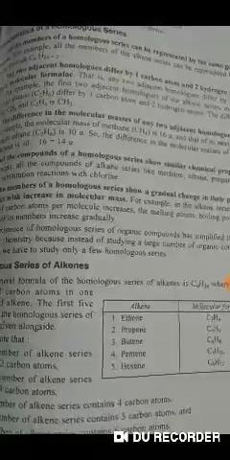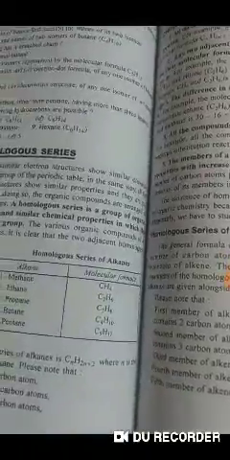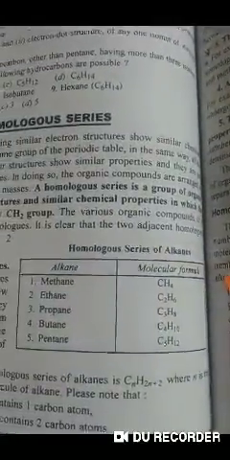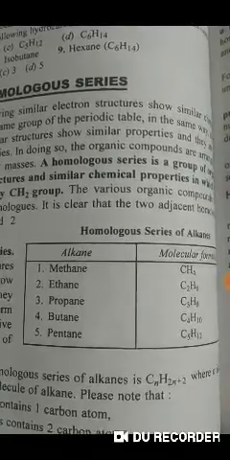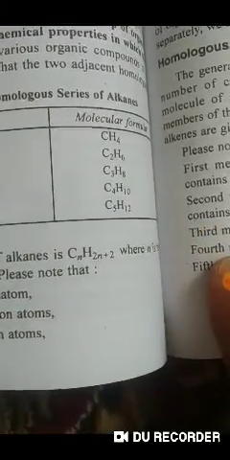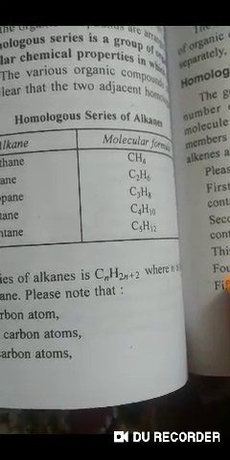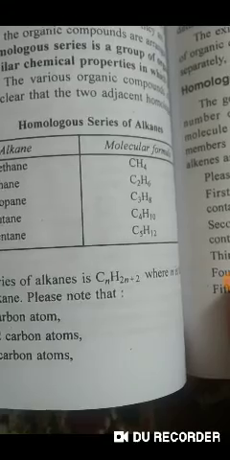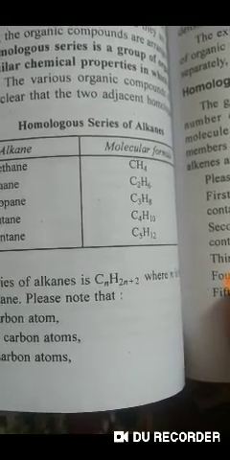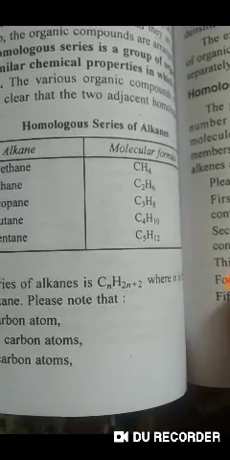Now the characteristics of homologous series. All the members of a homologous series can be represented by the same general formula, that is CnH2n+2. The second characteristic is that any 2 adjacent homologs differ by 1 carbon atom and 2 hydrogen atoms in their molecular formula.